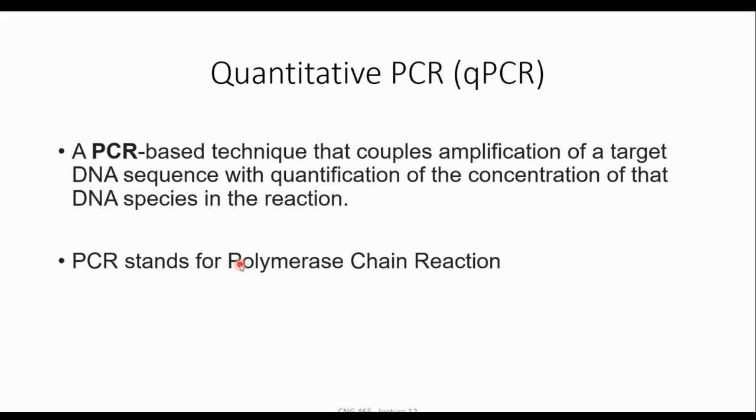When we say qPCR, we are talking about quantitative PCR. In that case, we are measuring them quantitatively, which is very useful. After that, we can analyze those data and come up with some results.